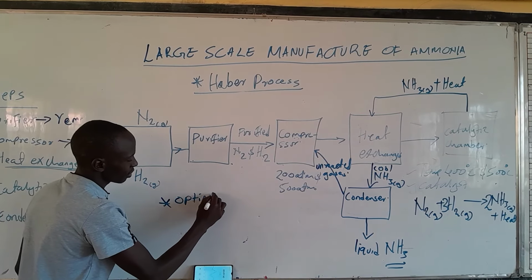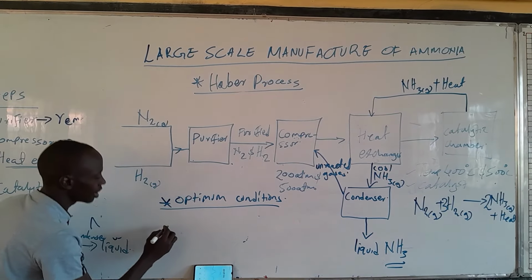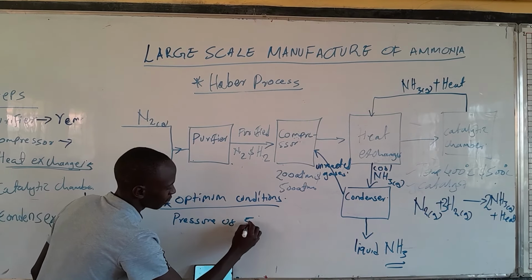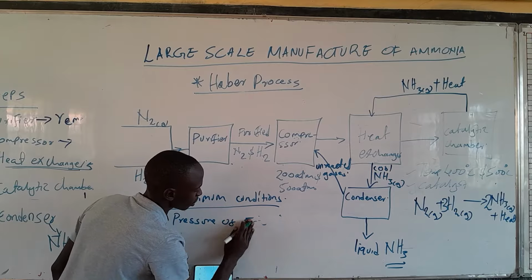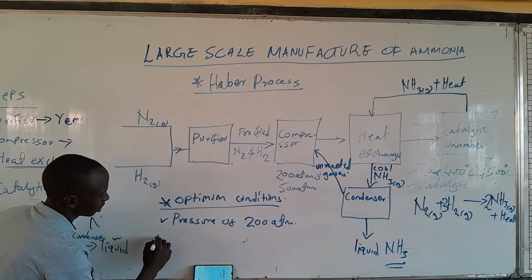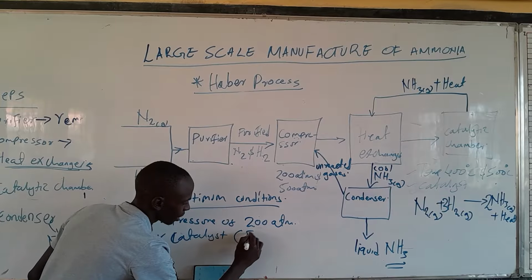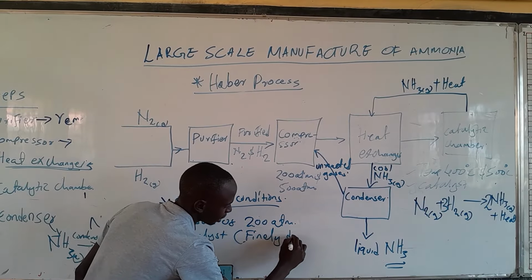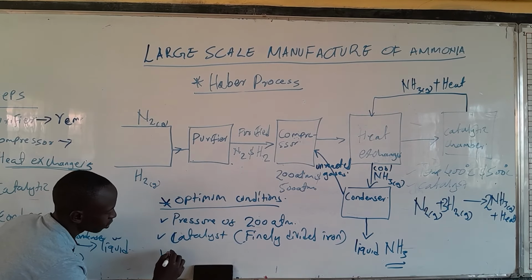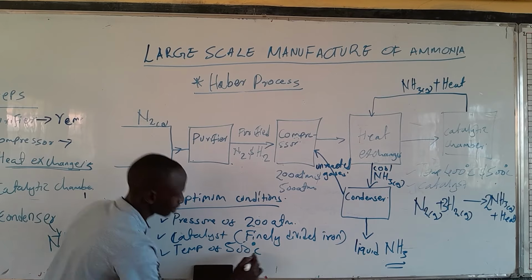From this, we can see that to obtain a high yield of ammonia, we must meet the optimum conditions. The optimum conditions for this process are a pressure of 200 atmospheres, the presence of a catalyst, which in our case is the finely divided iron, and a temperature of 500 degrees Celsius.